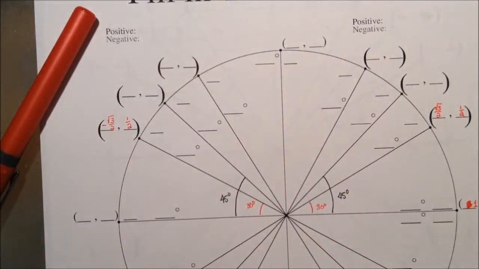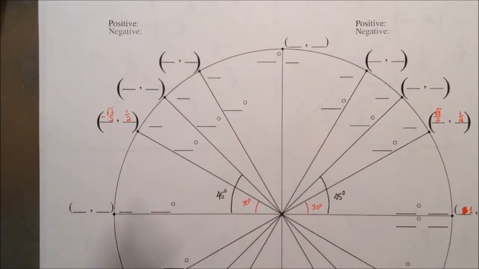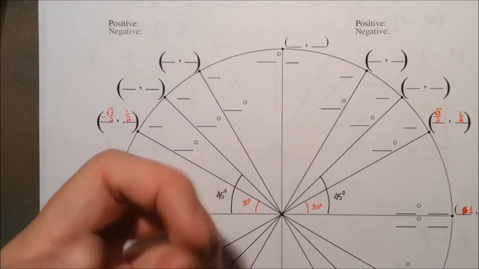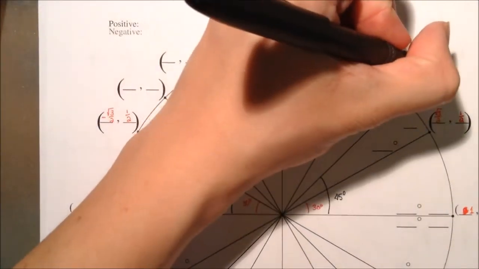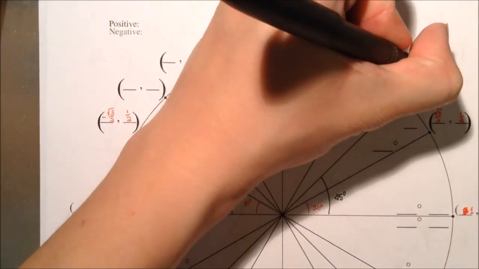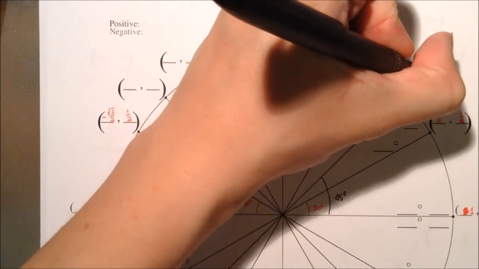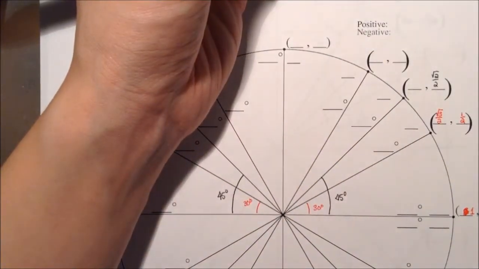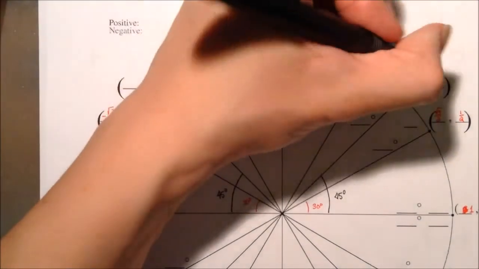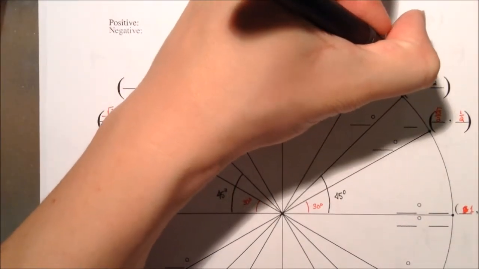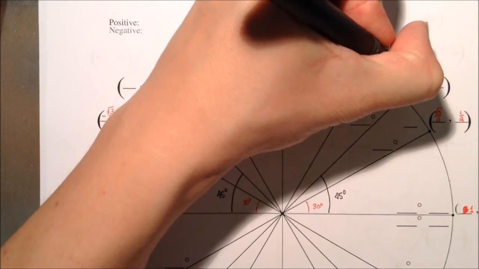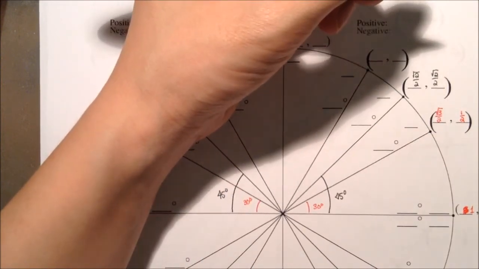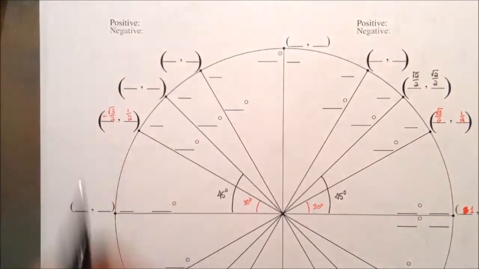If you recall, sine of 45 degrees is square root of 2 over 2, which is the y value because I did sine. Cosine of 45 degrees is also square root of 2 over 2, but that was the x value. So cosine is the x value.